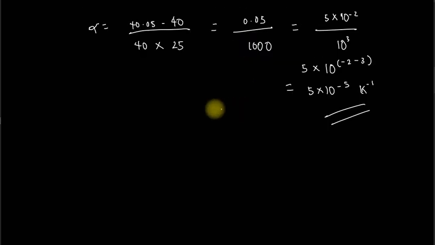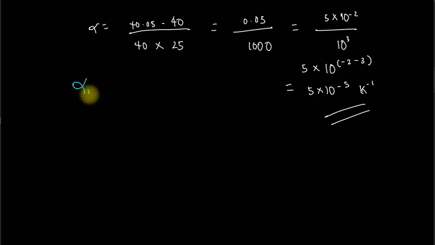Okay, so from the question, this is what I can get. It says that the linear expansivity, what's the symbol for linear expansivity? Alpha, right? Most times I forget how to write alpha. Oh my god, don't tell me I forgot how to write alpha. It happens sometimes.